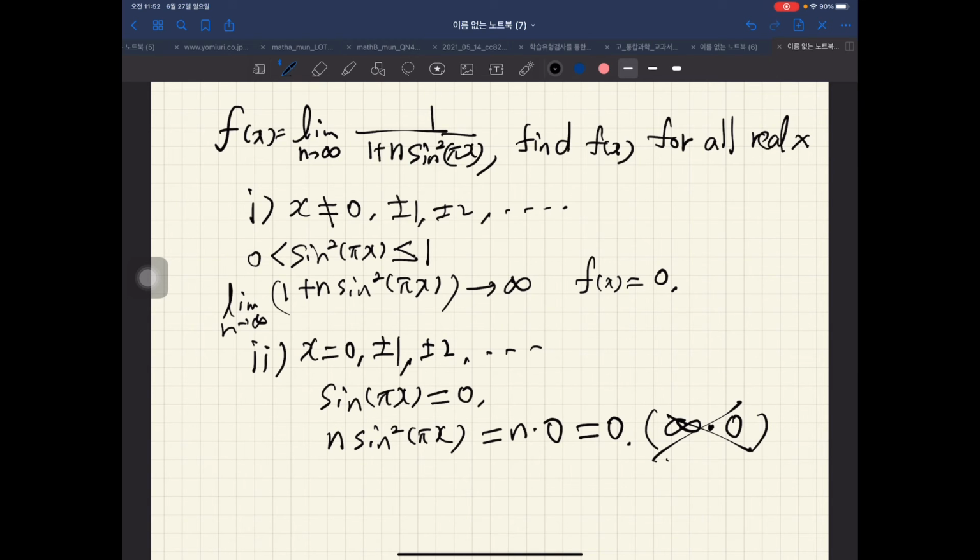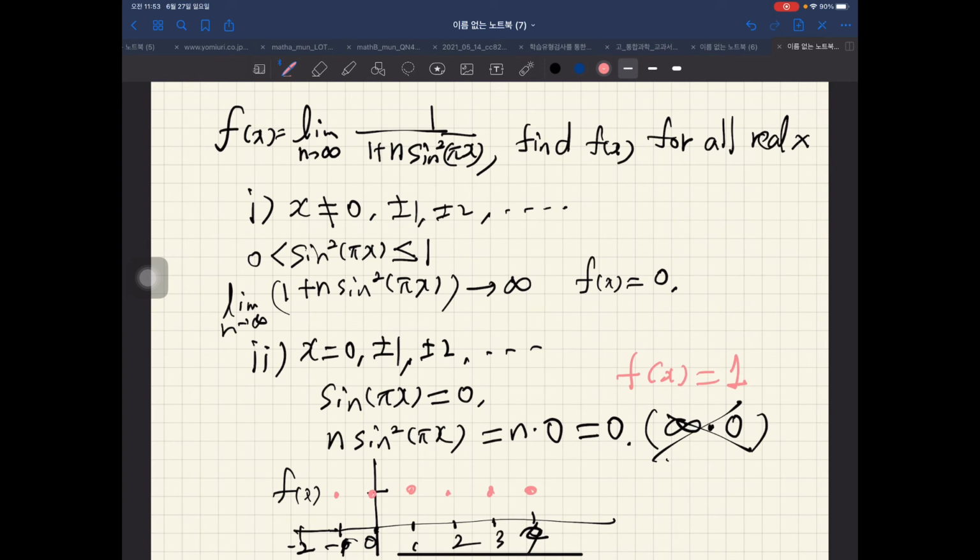So we can say f(x) can be plotted like this. For all integer values, the function value of f(x) becomes 1, and everywhere except those it is 0.